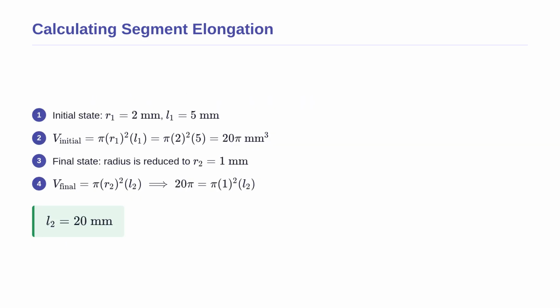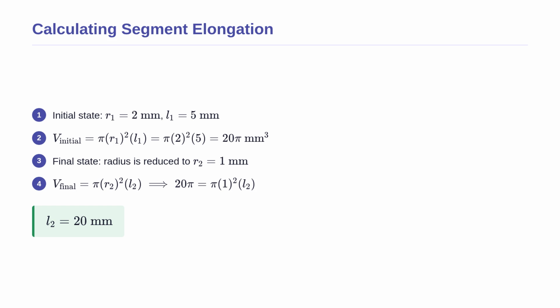Let us see this formula in action with a practical example. Imagine a resting earthworm segment with an initial radius of 2 millimeters and a length of 5 millimeters. First, we calculate the initial volume, which comes out to 20 pi cubic millimeters.